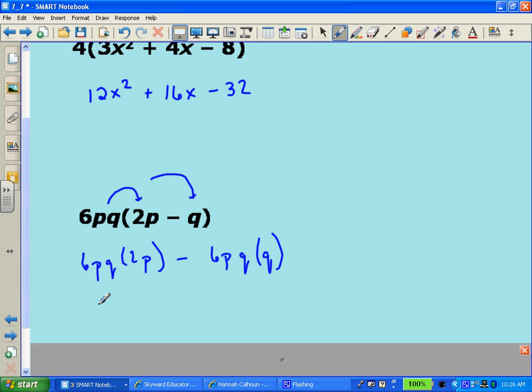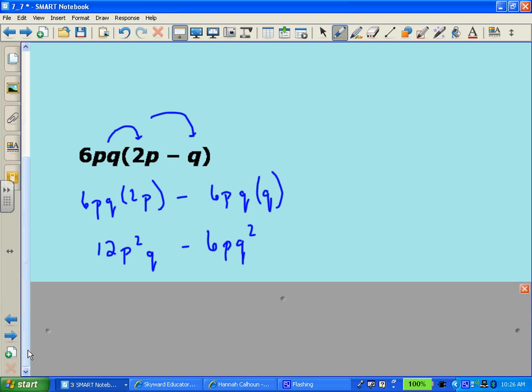Okay, so then here 6 times 2 is 12. p times p is p squared, and then I just got the q. Here 6pq times q is q squared. So that would be my answer, 12p squared q minus 6pq squared.